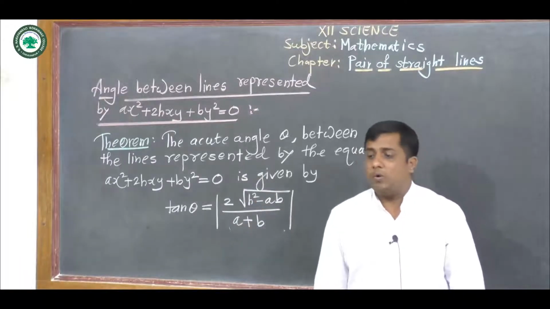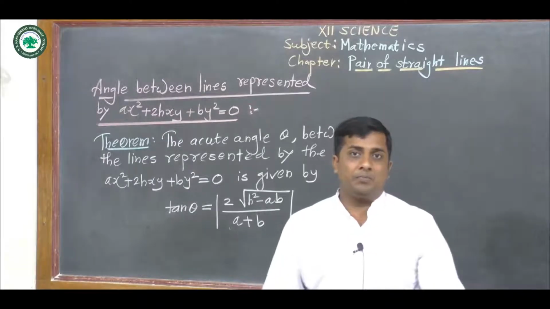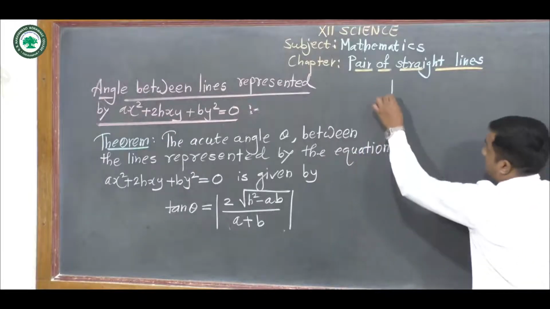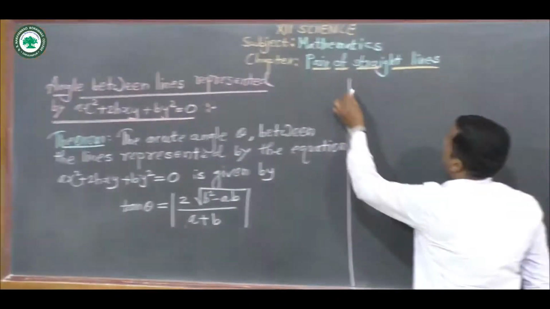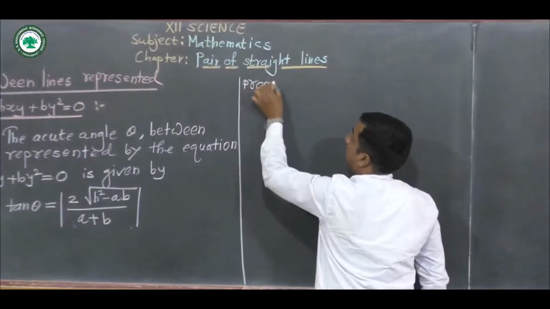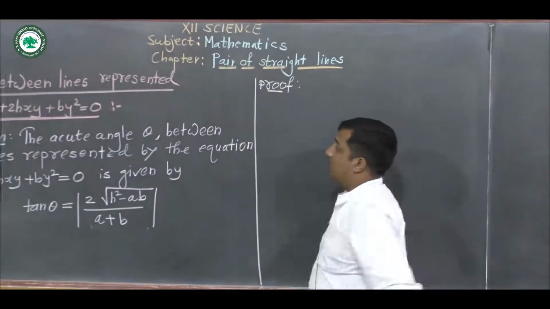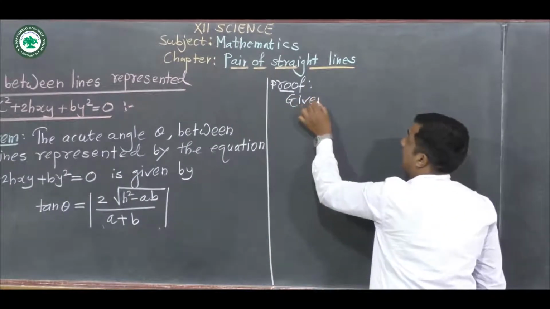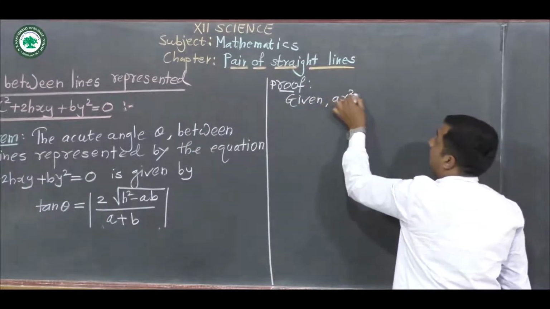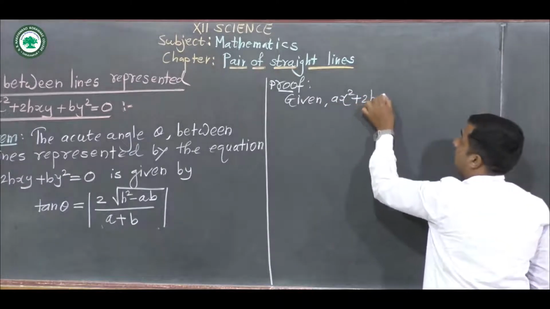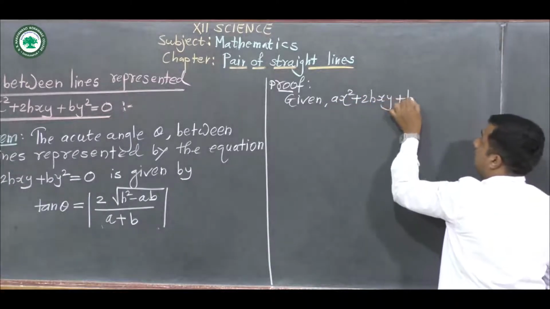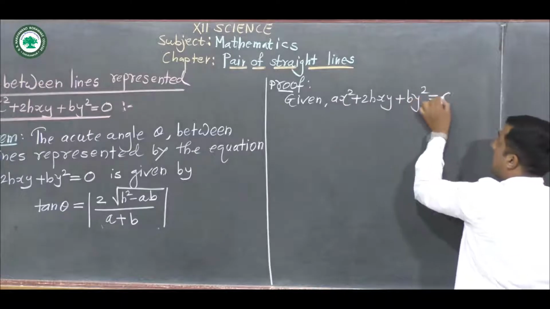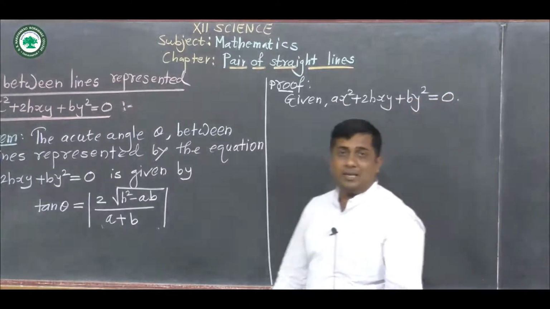Okay, now we have to prove this theorem. So we go with its proof. Firstly, we consider the given equation. Here the given equation is ax square plus 2hxy plus by square is equal to 0.